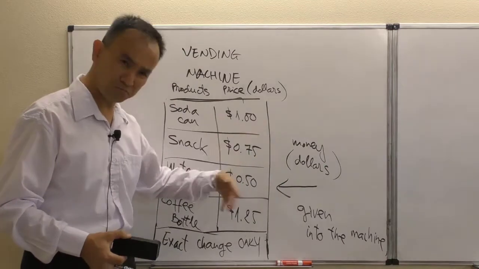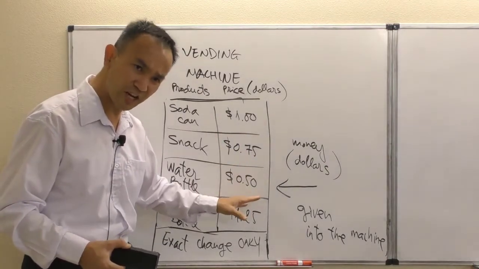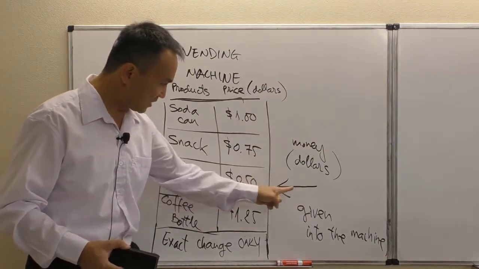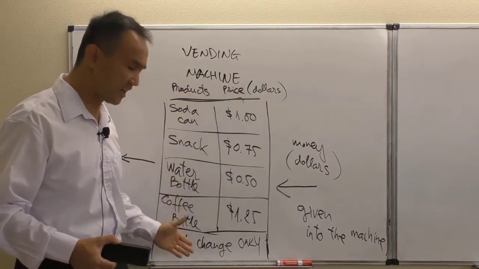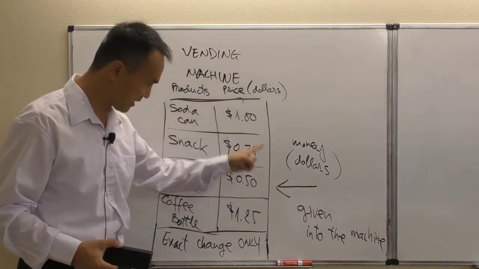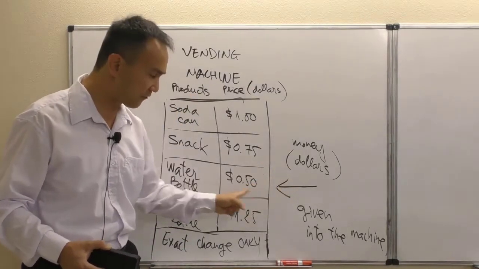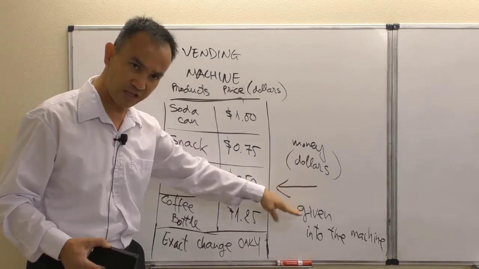Now I drew my arrow here to indicate that we give it in. But the way machines work, we also need to make a selection, though selection is not really an important part of this. The idea is that the vending machine takes our money and processes that. If we give in exactly 50 cents, we're giving in exact change.